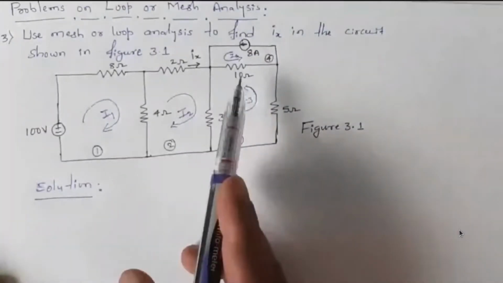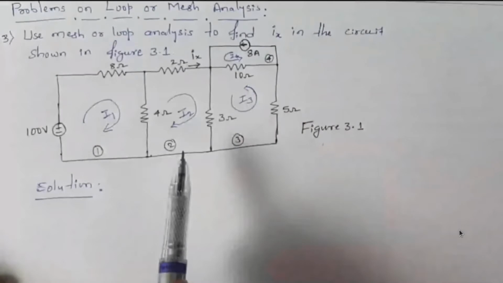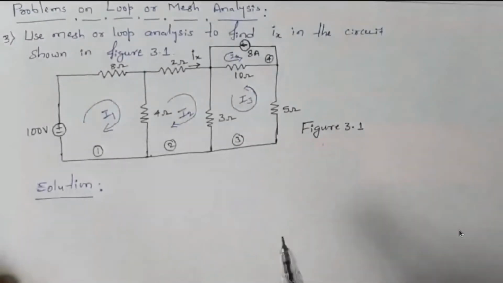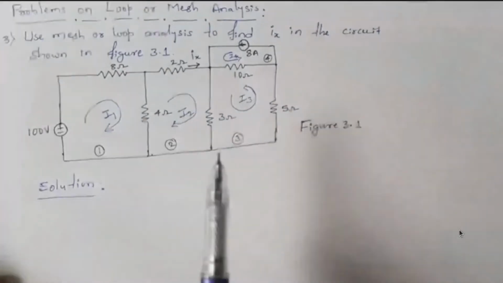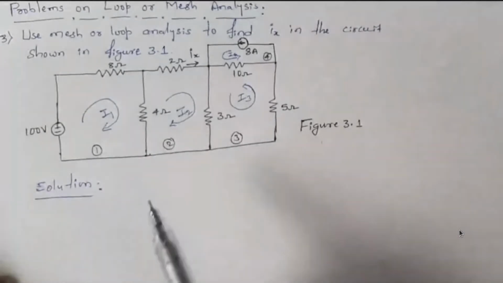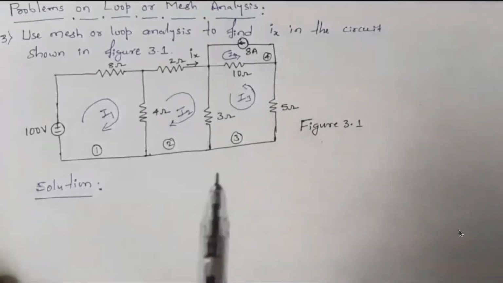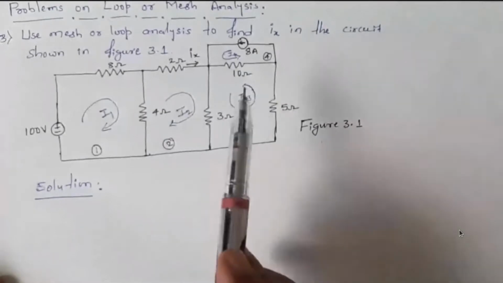Now, a very important thing here is that when we get four mesh currents, obviously we'll get four equations. To solve those four equations, there are two methods: one is the determinant method and another is the traditional method. In either case, the solution is going to be lengthier. But especially in this case, even though there are four loops, one loop current we can directly get.